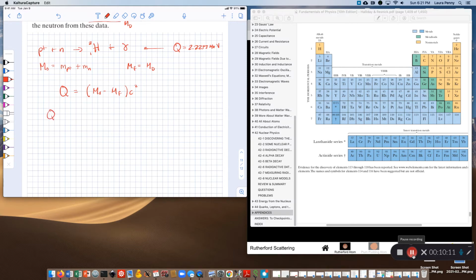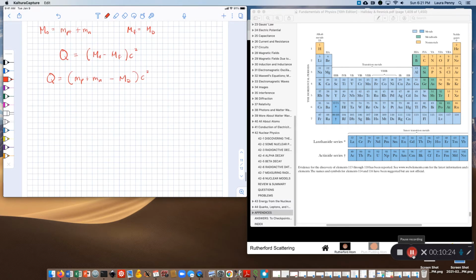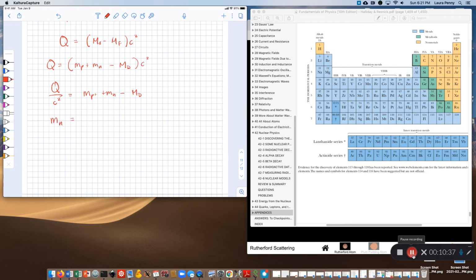Writing that in, my initial mass is the mass of the proton plus the mass of the neutron, minus the mass of the deuterium, which is my final mass, times c squared. I'm going to solve for the mass of the neutron before I plug anything in. So Q over c squared is the mass of the proton plus the mass of the neutron minus the mass of the deuterium. And so the mass of my neutron is Q over c squared plus the mass of the deuterium minus the mass of the proton.